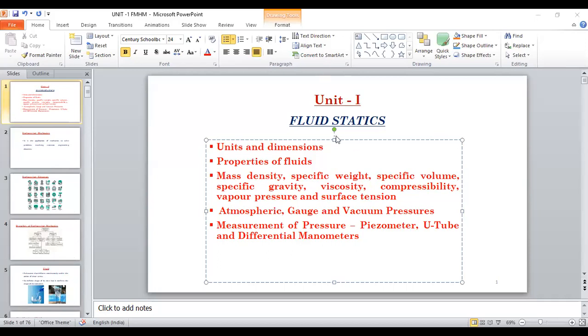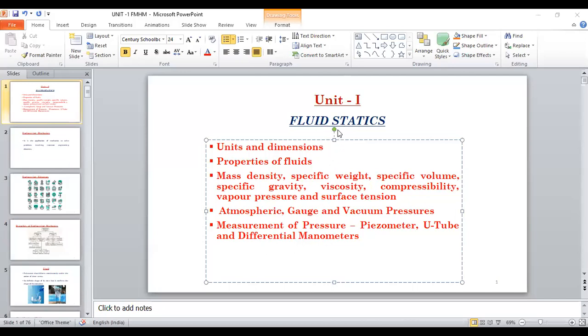So in fluid mechanics and hydraulic machines, everyone knows that we have 5 units in our syllabus, where the subject is divided into 2 parts. That is, fluid mechanics as our first part, and hydraulic machines as our second part. Fluid mechanics consists of 3 units.